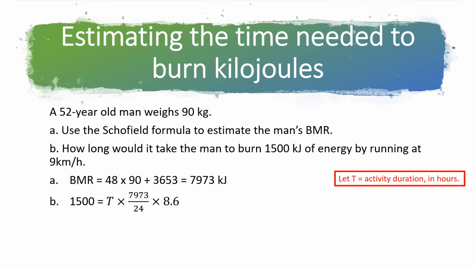We're letting T equal the duration in hours that we need to perform this activity to burn 1,500 kilojoules. So our formula will be 1,500 equals T times 7,973 over 24, because once again that number needs to be the BMR per hour, times 8.6 because that is the PAL for running at 9 kilometres per hour.